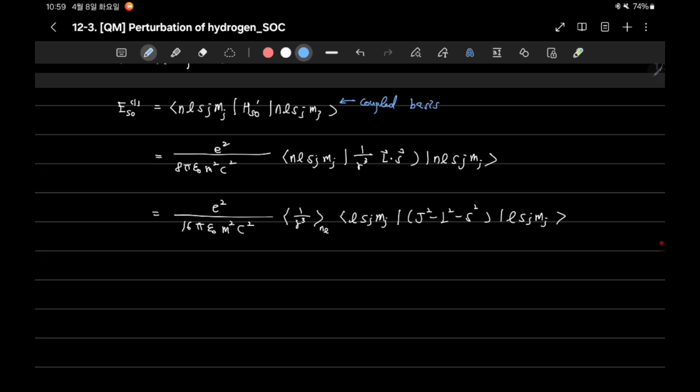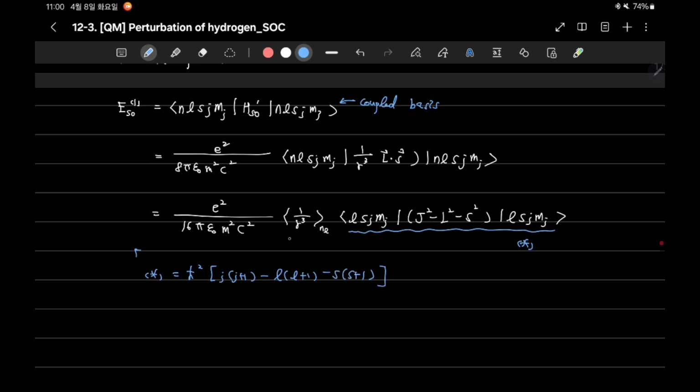Then we should also note that this starred term can be written as the energy eigenvalue: h bar squared [j(j+1) minus l(l+1) minus s(s+1)].